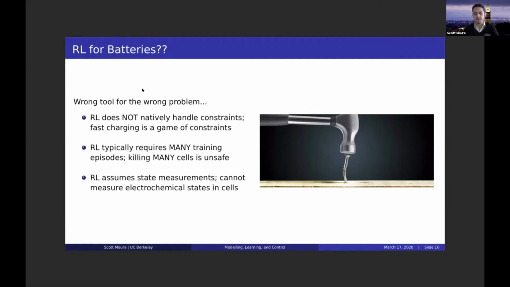And you can play the game of Go thousands, millions of times, make a lot of wrong moves, no big deal. However, charging many battery cells using random currents is not only untenable, but potentially very unsafe. Moreover, reinforcement learning assumes state measurements, and we generally cannot measure the electrochemical states in the cells.